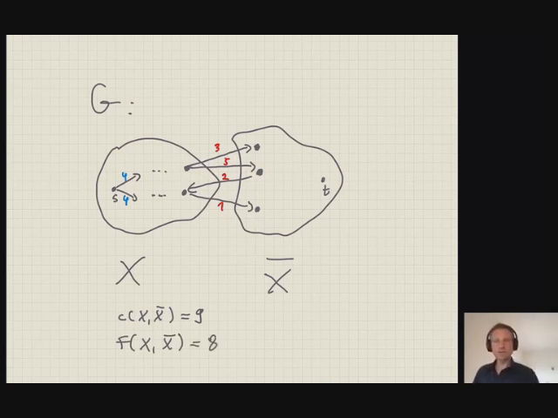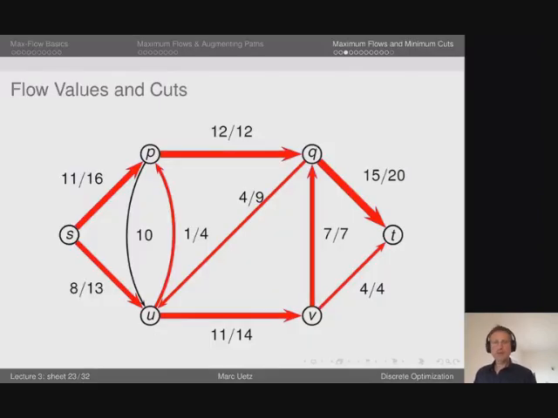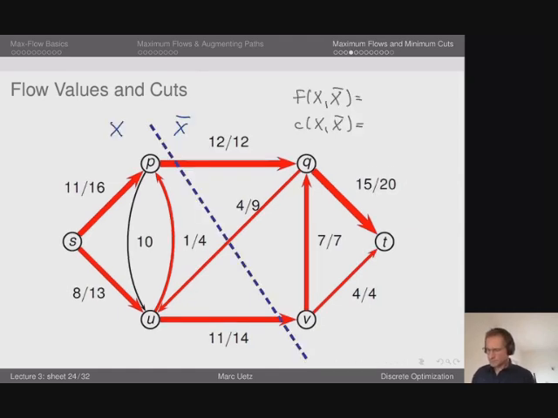So let us look at a few more examples of cuts. I take the example that I already used earlier. So given is this network and given is a certain flow F in the network, and now I just throw in a couple of cuts and let us just collect and use the definitions that I just made. So here's the first cut. So I just cut the network on this line here, and let's just see what the flows and the cut values are.